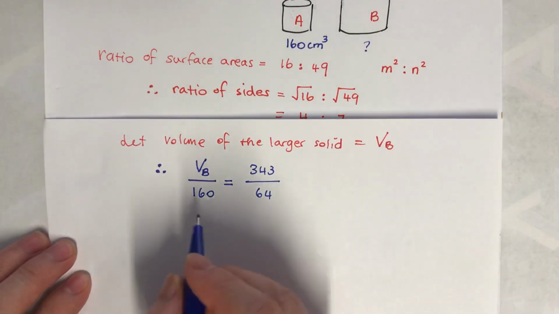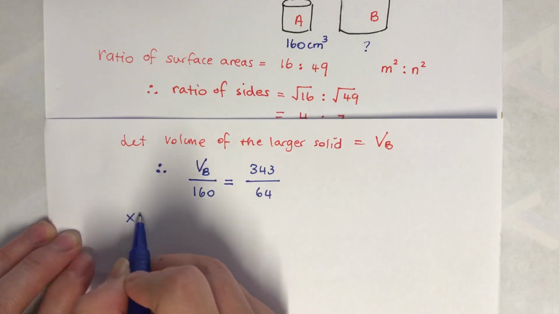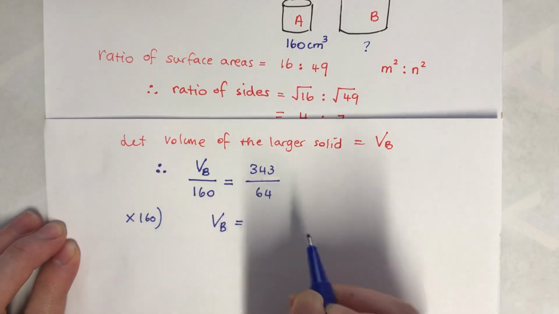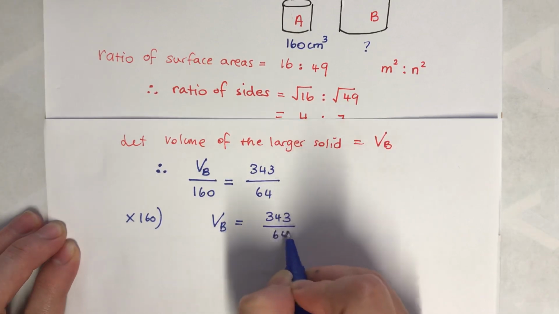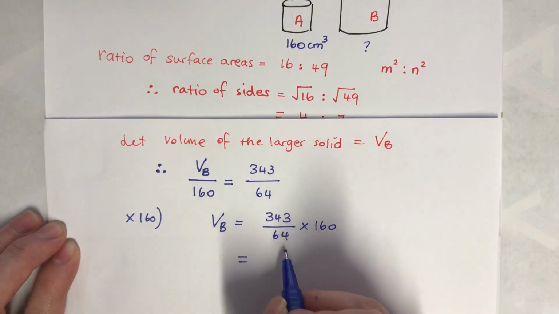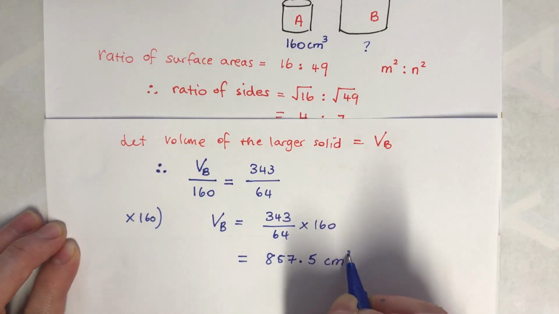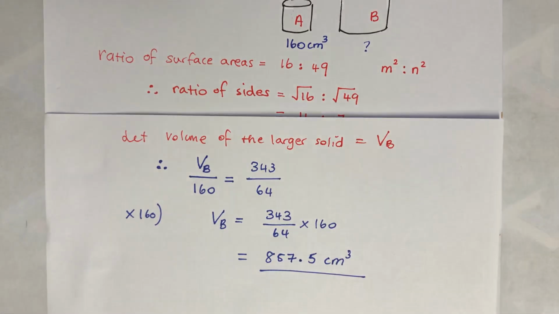Now we need to find VB, so I'm just going to multiply by 160 on both sides. I get the volume for B equals 343 over 64 times 160. Just simply use a calculator. You will get 857.5 cubic centimeters to one decimal place. Okay, so that's question 2.